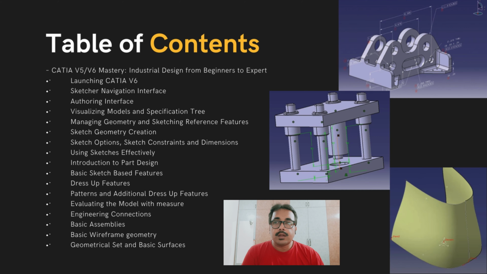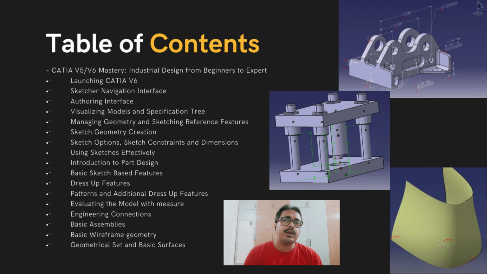I am looking forward to going through the journey of mastering CATIA V5 V6 with you. I am sure it will be very helpful and very useful when you do the final modeling and design.